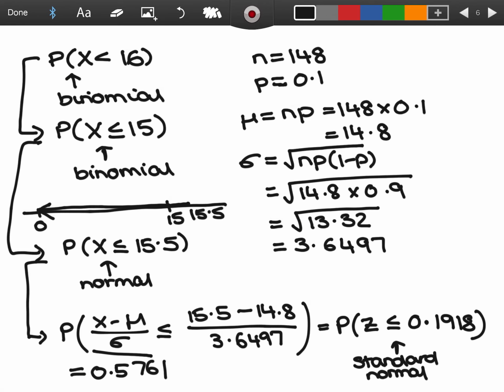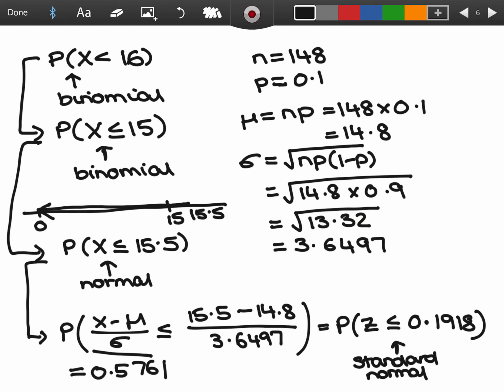0.5761. Okay. What I could also do, just while you're on your calculators, if you go down to binomial CDF, we now have the technology to use binomial CDF. This was used before they had the technology to do this.